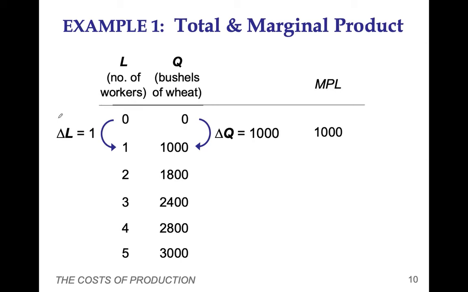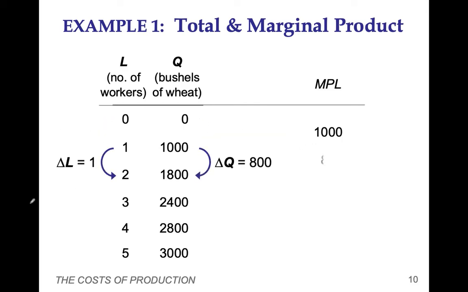Here, the first worker produces 1,000 bushels of wheat. Delta Q is then 1,000, and the change in workers is 1. So 1,000 over 1 gives us an MPL of 1,000.